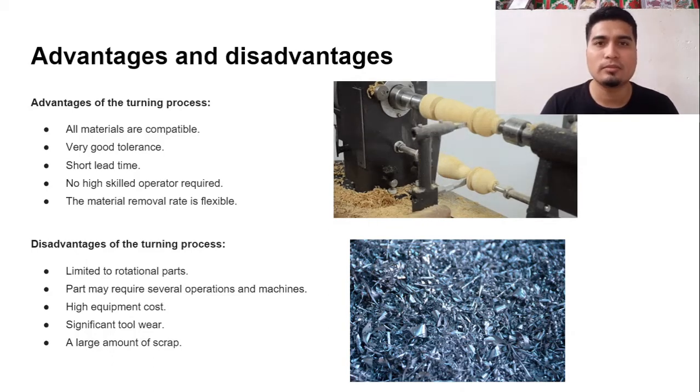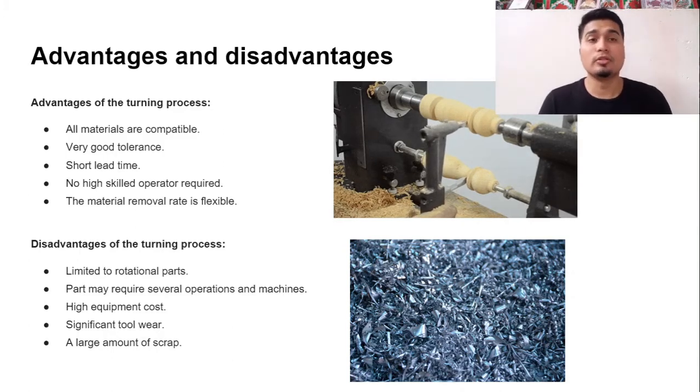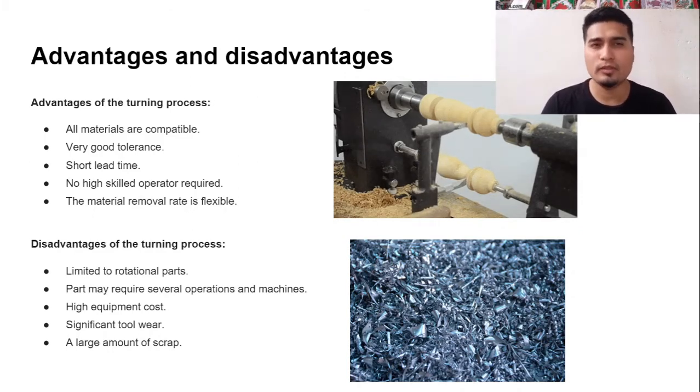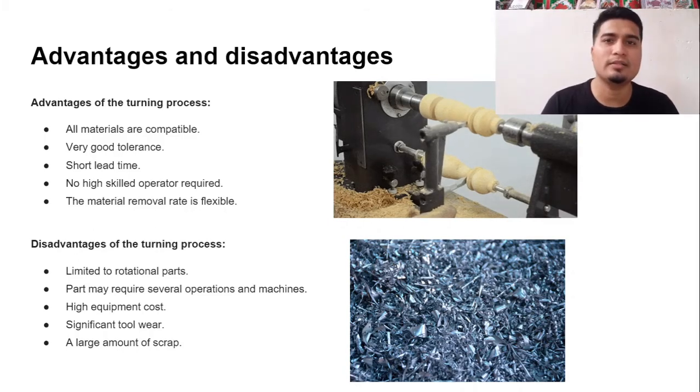So talking about the first point, in the first image we can see the wood turning process. This is to help us understand that we can work with many materials. Maybe if you think about turning, the first thing that comes to mind is that you can only work with metals, but it's not like that.